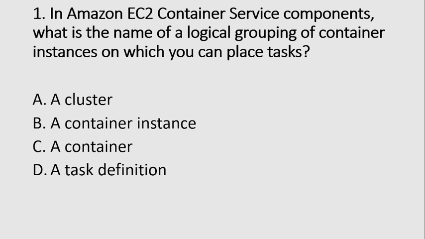We have four options here. First one is a cluster, second one is a container instance, third one is a container, and fourth one is a task definition. The answer here is a cluster.